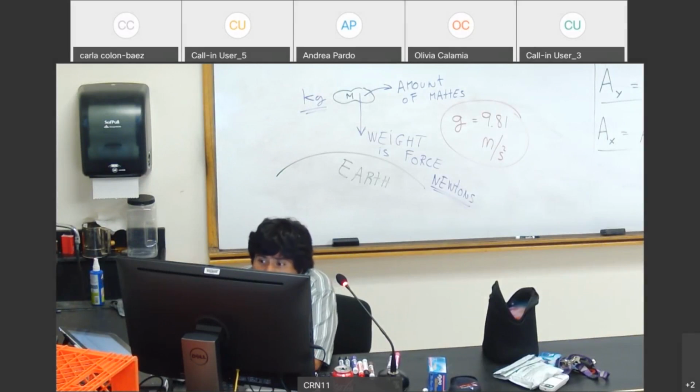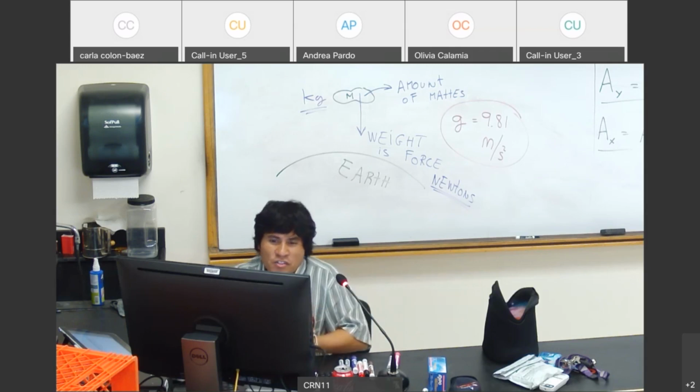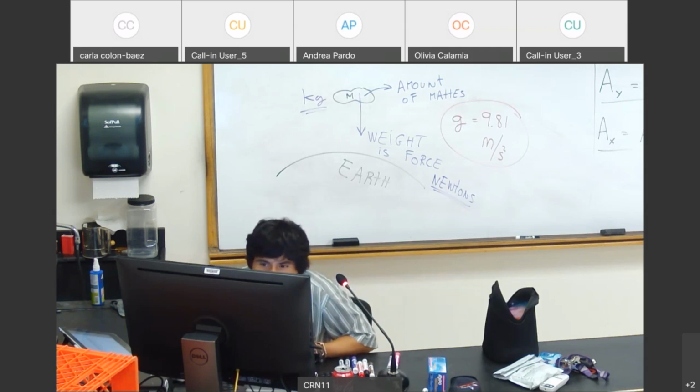Also, mass measures inertia. The larger the mass, the greater the inertia. An easy example. Let's say you have a bowling ball and a tennis ball or a baseball, and they both are coming towards you. Which one will be easier to stop? The bowling ball or the tennis ball?